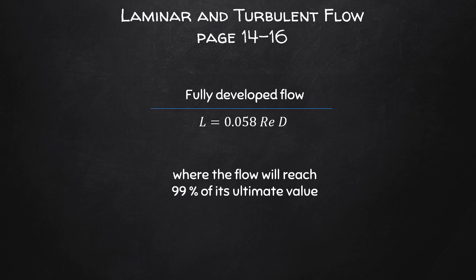Only at some point downstream will the profile be developed, and the length of pipe it takes to achieve this fully developed flow is then given by the correlation of L equal to 0.058 times the Reynolds number times the diameter D. And this is specific for turbulent flow. There are similar correlations for laminar flow, which we will also discuss in heat transfer.